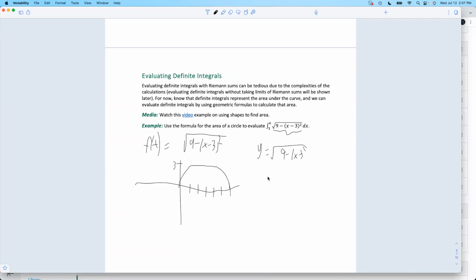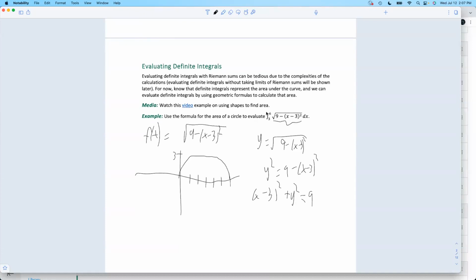If we square both sides, we would get y squared equals this stuff. Move that to the other side, and we have the standard form of a circle. You saw this back in pre-calculus. This is a circle centered at the point 3, 0 with radius 3.